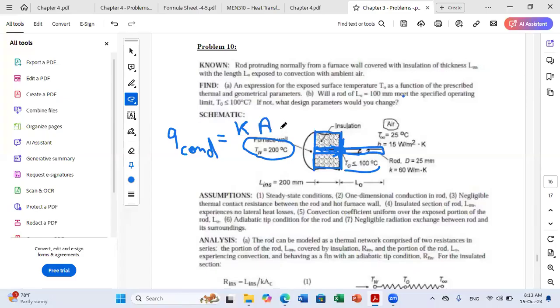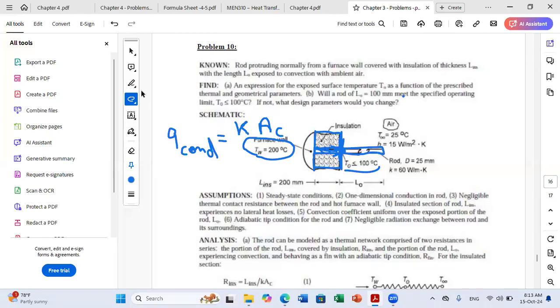We know that in pure conduction, we have a linear variation of temperature. So in the part covered with insulation, the temperature will drop in a linear way, because you don't have loss from the fin towards the outer side. So heat will be conducted through the fin.